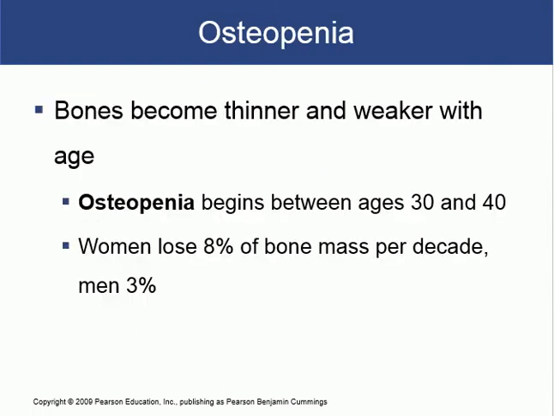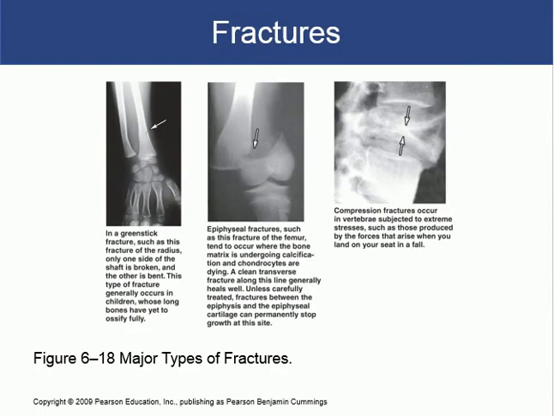The last one here is the compression fracture. And the compression fracture is if you're falling down, okay, from the second floor or the third floor, something, you have fire in your house, okay, and you're trying to fall down. By the way, what do you think is the best way to fall down?